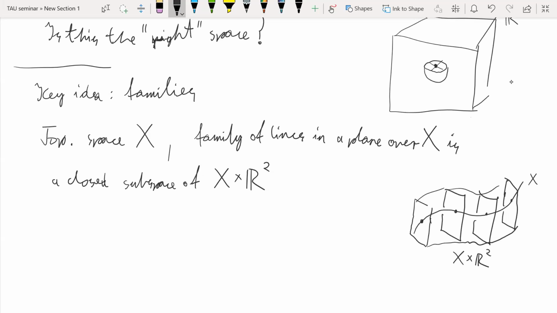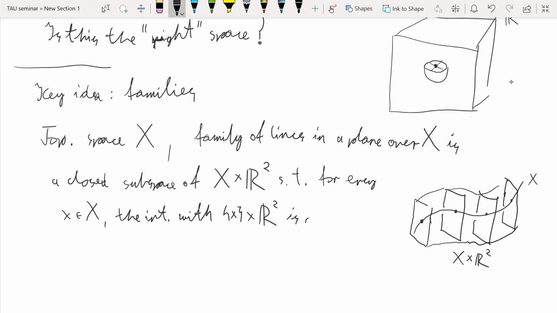And I want a closed subspace such that, maybe let me write this more formally, such that for every x in X, the intersection with x cross R squared is a line.